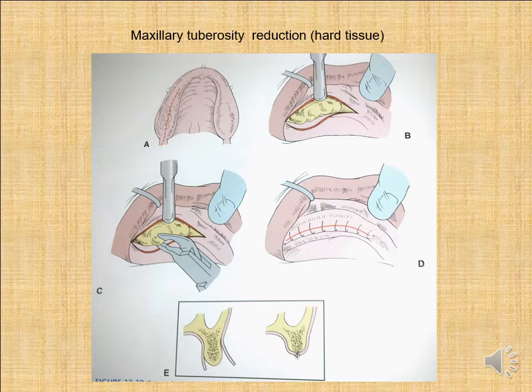If it is hard tissue, we do an elliptical incision on the tuberosity and remove it with a bone nibbler or bone cutter, and smooth it with a bone file or round surgical burr, and then suture by interrupted suture or matrix suture, and wait 7 days. If you remove the suture, you can do a complete denture or partial denture after eliminating the undercut of the bone.